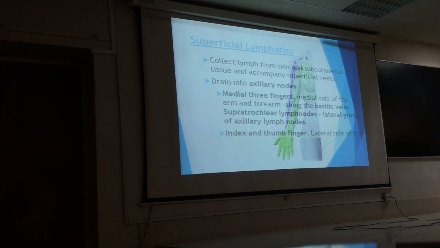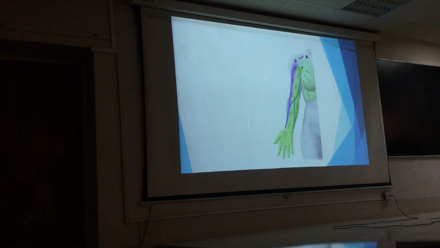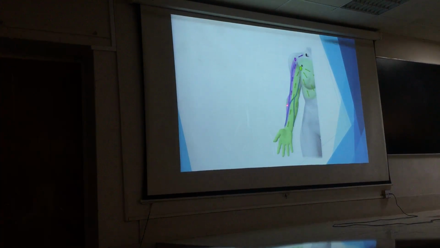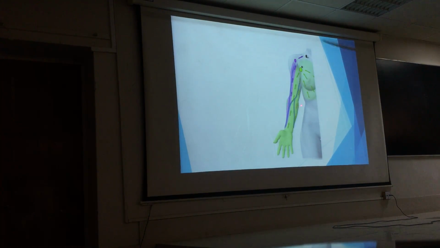So these are the superficial lymphatics. You can see this is the basilic vein, and this is the cephalic vein. The lymphatic vessels from the lymphatic plexus go in close relation to the basilic vein. Over here they will be draining into the cubital lymph nodes or the supratrochlear lymph nodes, and from here they will drain into the lateral or the humeral group of axillary lymph nodes.